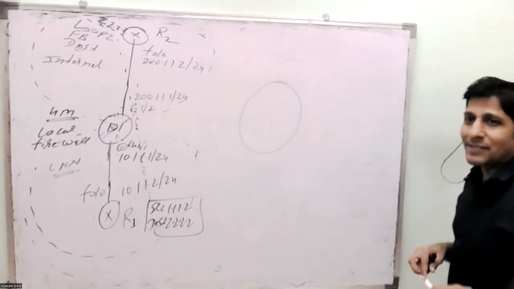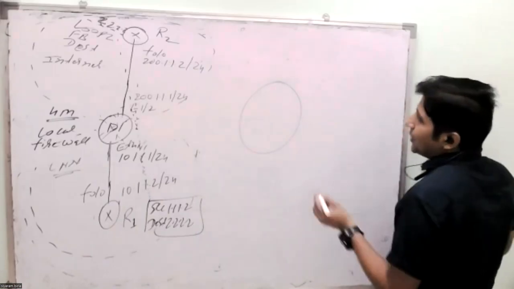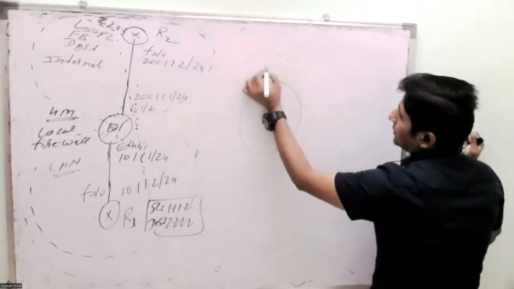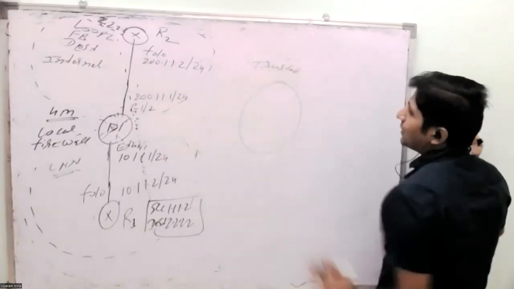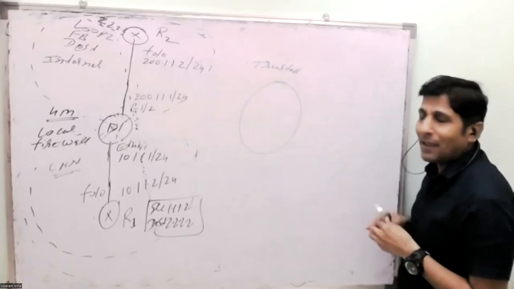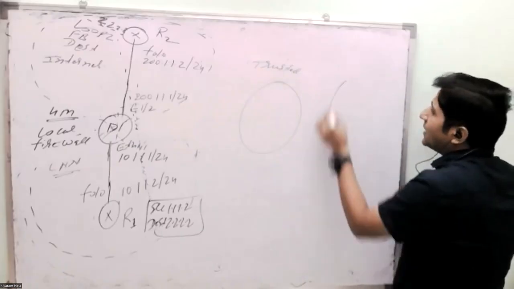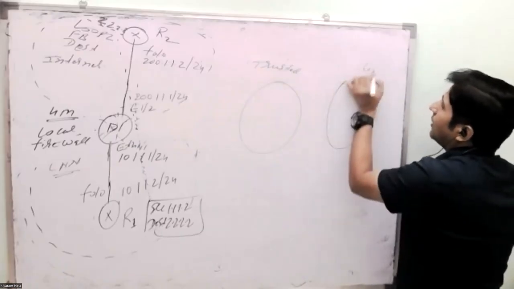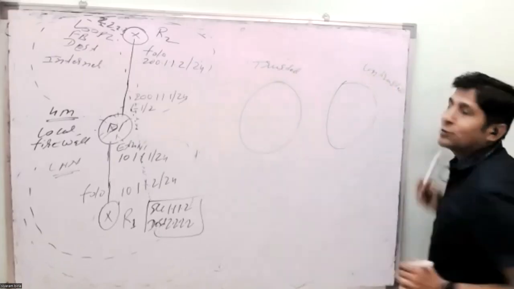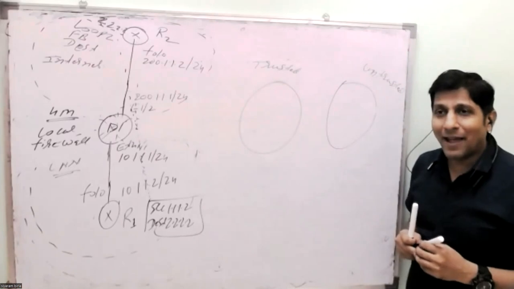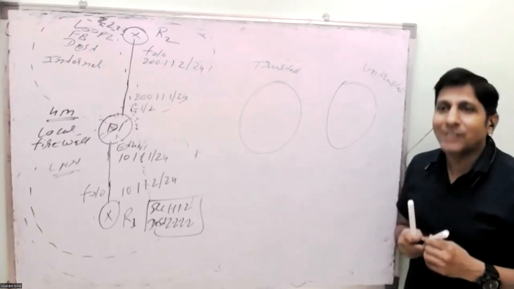So similarly here, suppose this is my trusted zone. Let's suppose I'm creating a trusted zone, and I'm creating another zone called an untrusted zone. I'm creating two zones, like India team and Pakistan team.